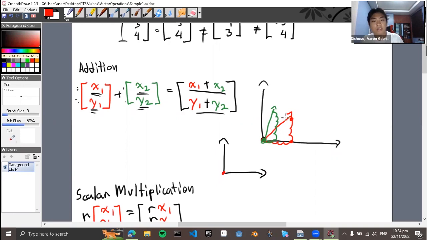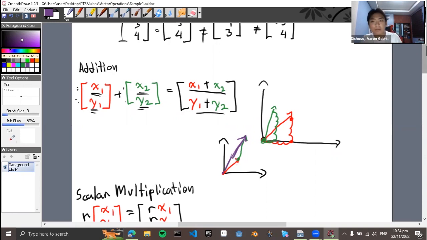Think of it as moving from the first vector to its end, and then from the end of the first vector, you are going to draw the second vector. Okay? Something like that. Then from the origin, in a different color, from the origin to the tip of the second vector, you draw the vector connecting those two. So visually, it would look something like that. Okay?